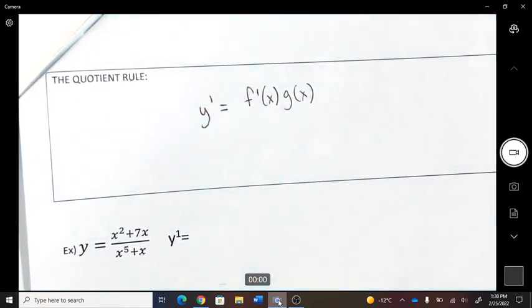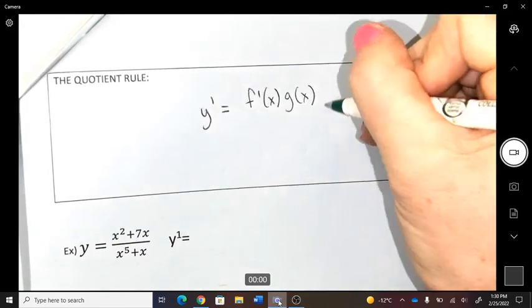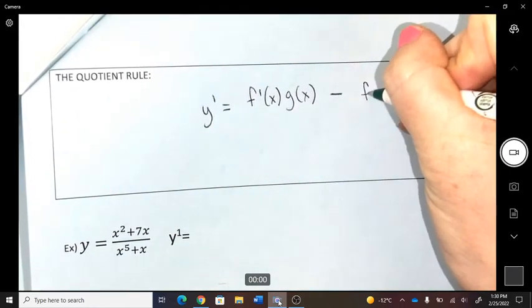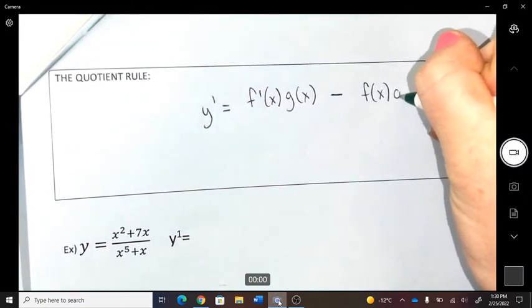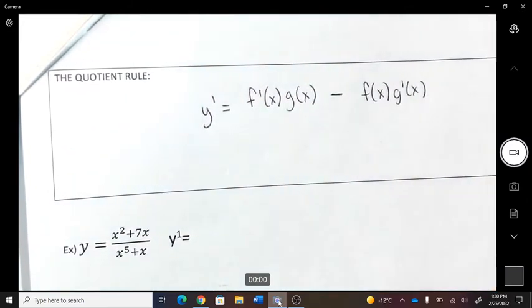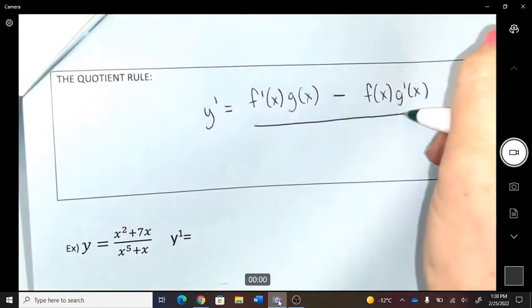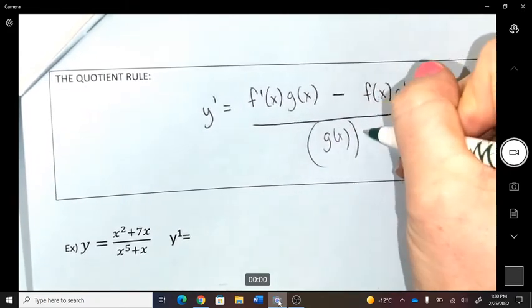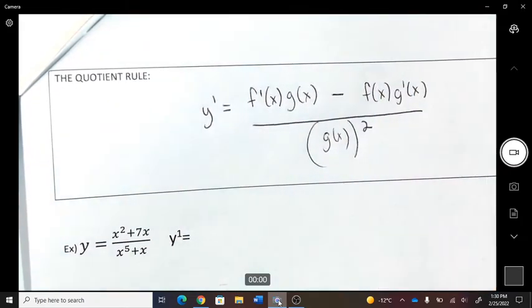Instead of an add, what do you think I'm going to do? Subtract. And then keep, derive. Okay, so that's almost like the other rule. Take turns. But this time, we're going to divide by the g function squared.